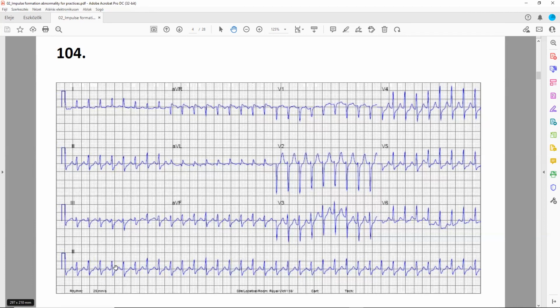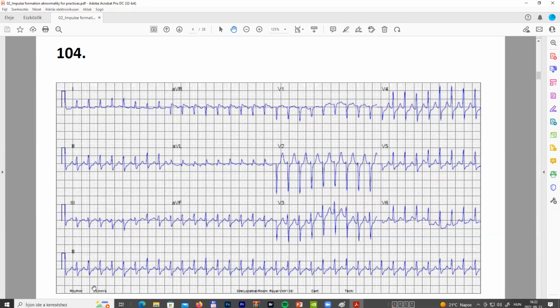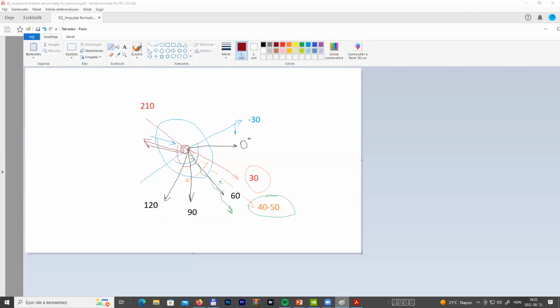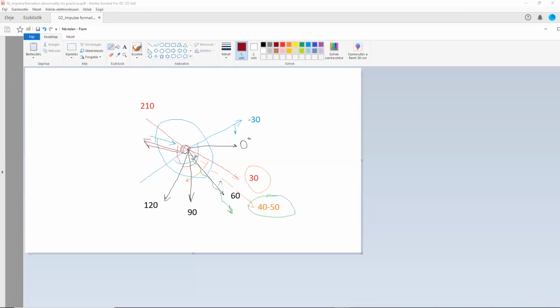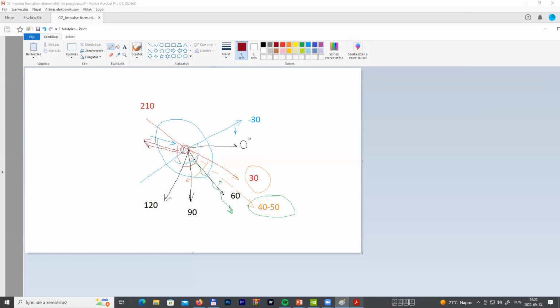So the axis would be 150 degrees positive. Why? AVL is positive, you are on the left side. AVL is minus 30. Look, so that is 150, but you are here because AVL is positive. Yes? Okay. Go on.